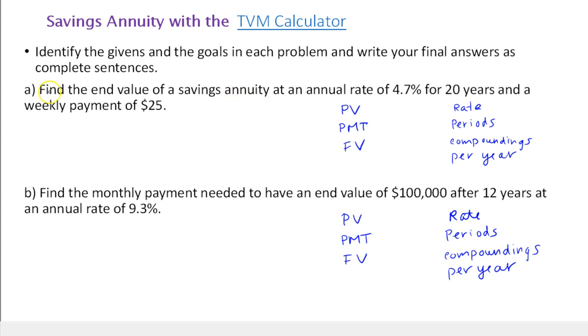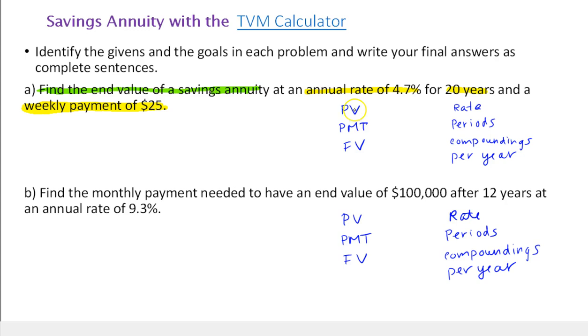This is our goal, listed in the beginning, at an annual rate of 4.7% for 20 years and a weekly payment of $25. On the right, we have the information that you need to put into the TVM calculator.